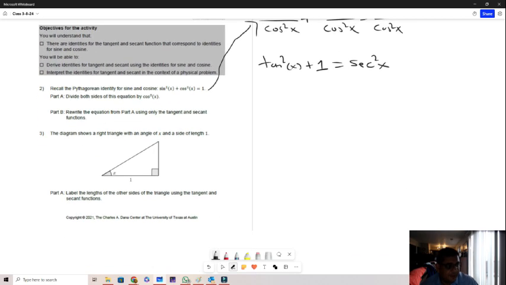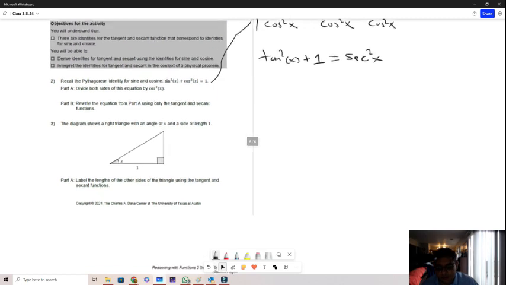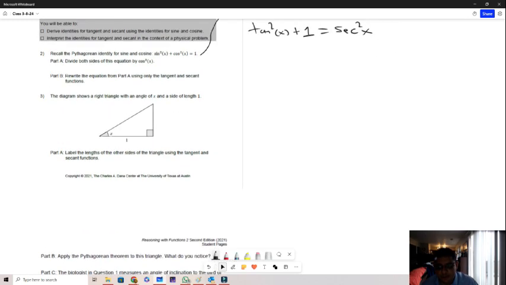Given that, we could, in a triangle with a side of length 1, define the rest of the sides. So for example, we're going for the opposite. The opposite over the adjacent, which is 1, will be the tangent of x.